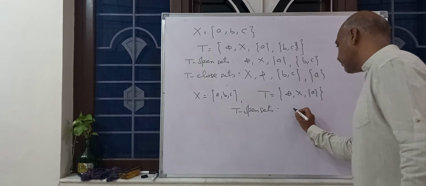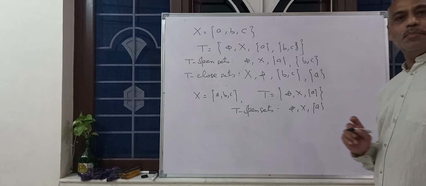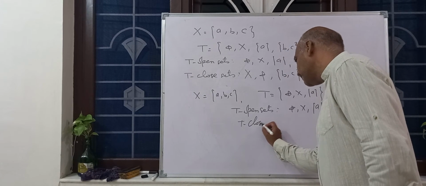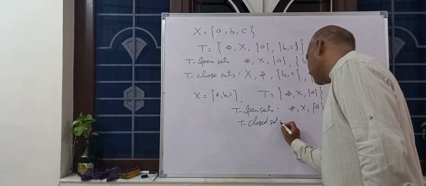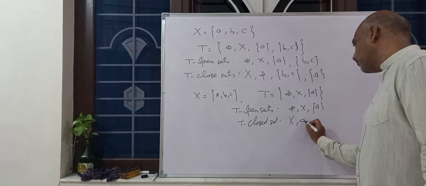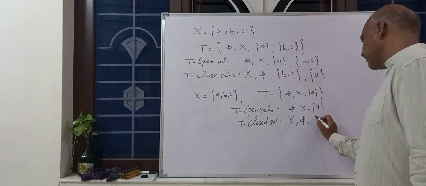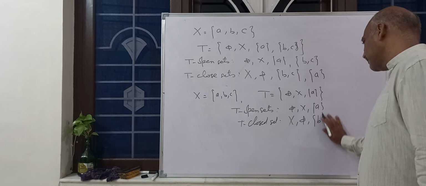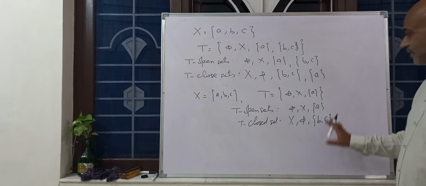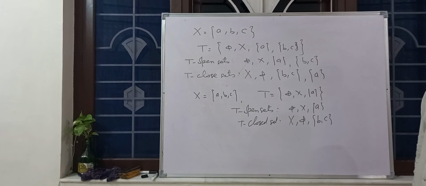These are T open sets: phi, X, A. Now T closed sets are the complements: X, phi, and BC. So this is T open sets, and this is T closed sets.